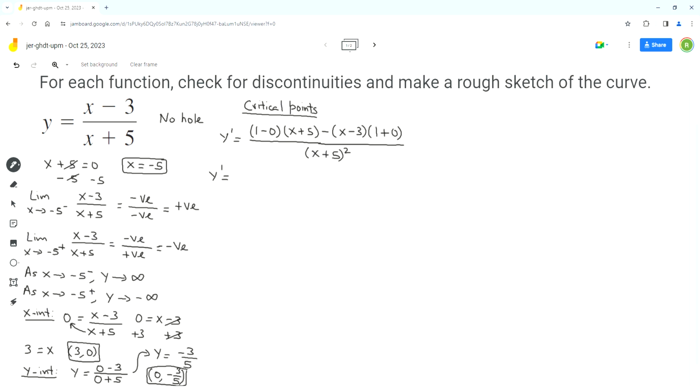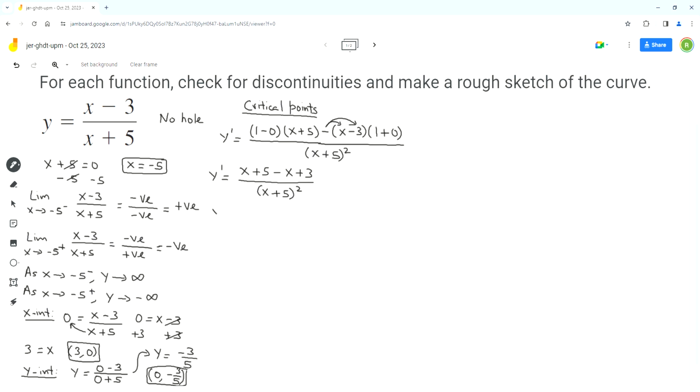So in the first part, we just get x plus 5. In the second part, 1 plus 0 is just 1, and x minus 3 times 1 will just be x minus 3, so it won't change. So we can just distribute the negative sign into the parentheses. So we get negative x plus 3 over x plus 5 squared.